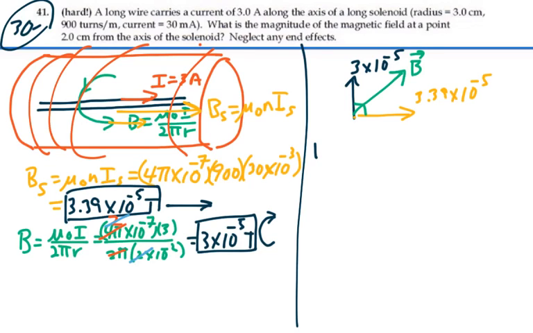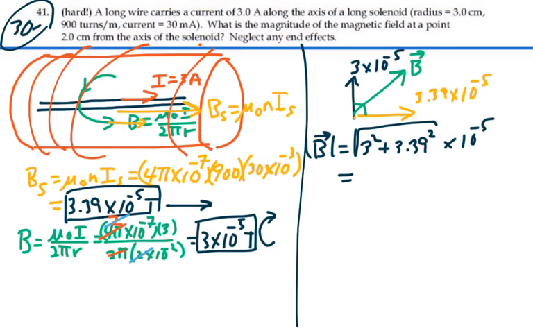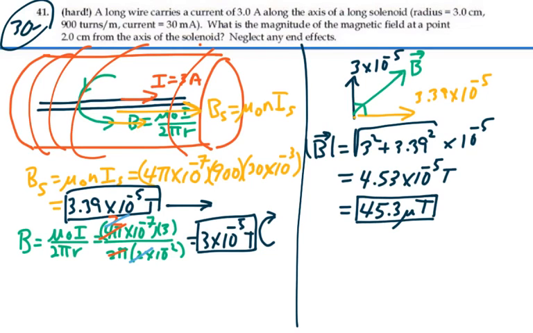So the magnitude of the net magnetic field is the square root of 3 squared plus 3.39 squared, times 10 to the minus 5. That is equal to 4.53 times 10 to the minus 5 Tesla, or 45.3 microtesla, the magnitude of the magnetic field at that point 2 centimeters off the axis of the solenoid.